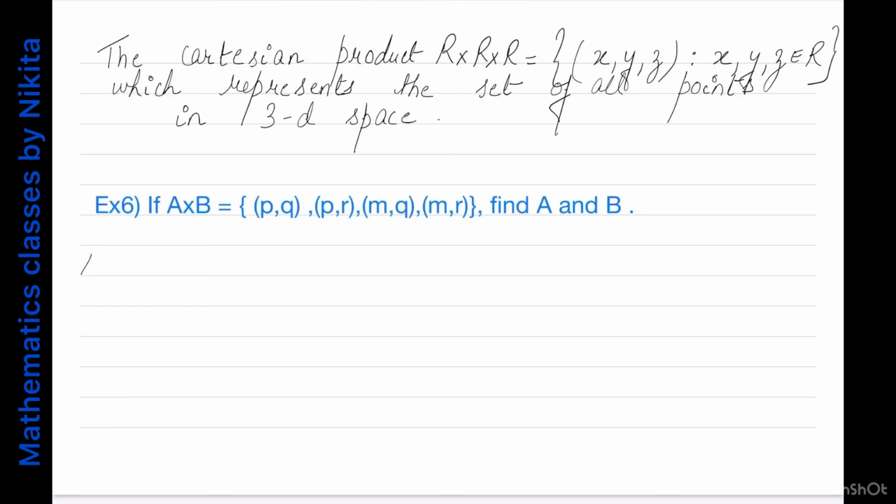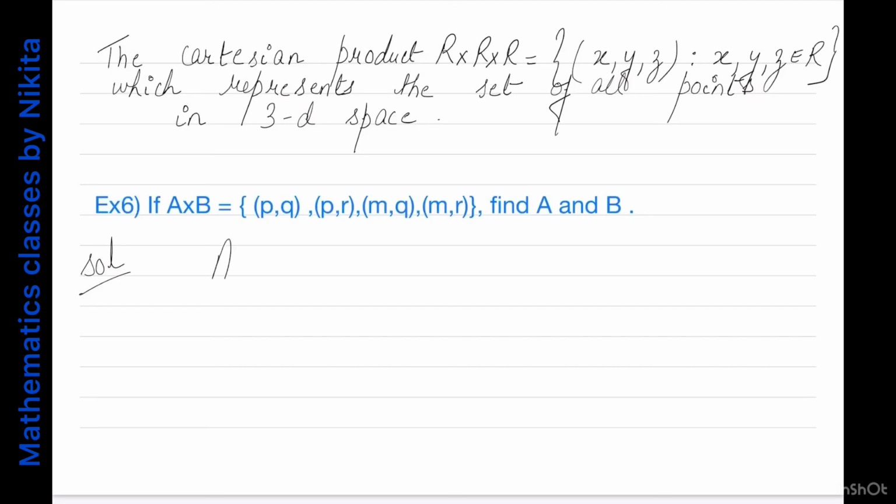Example number 6. If A cross B is equal to this set, you have to find capital A and capital B. Now see, A cross B is given to you. You have to find the set A and B. Now, when you defined A cross B, how do we find A and B now? See, A was the set of all first coordinates and B was the set of all second coordinates.